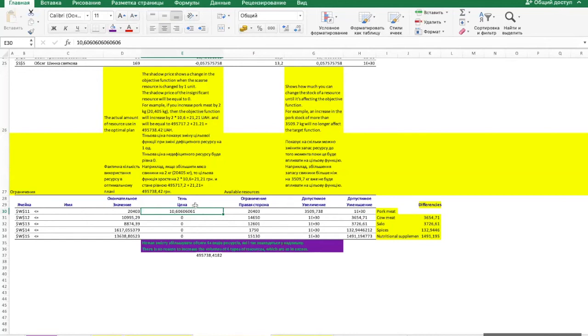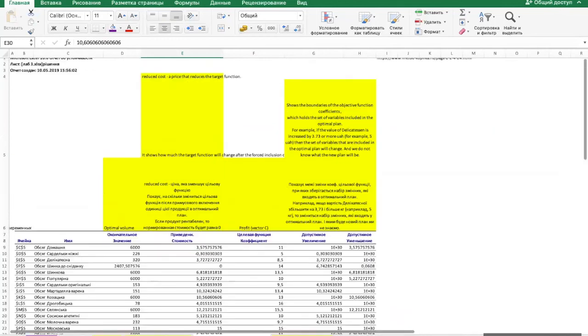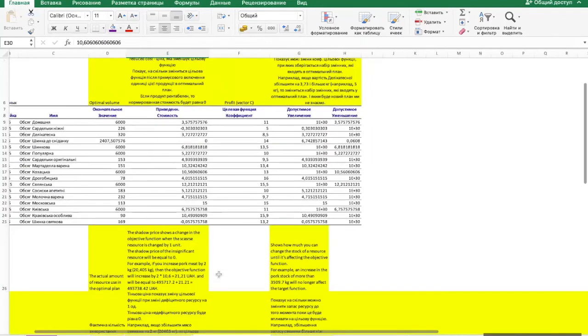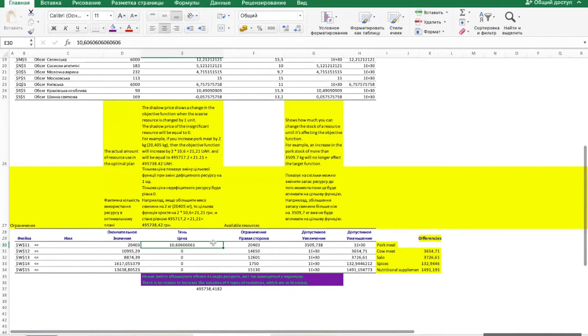So we need to add to our maximum profit 21.21 hryvnias if we decide to increase our first scarce resource by 2 kilograms.